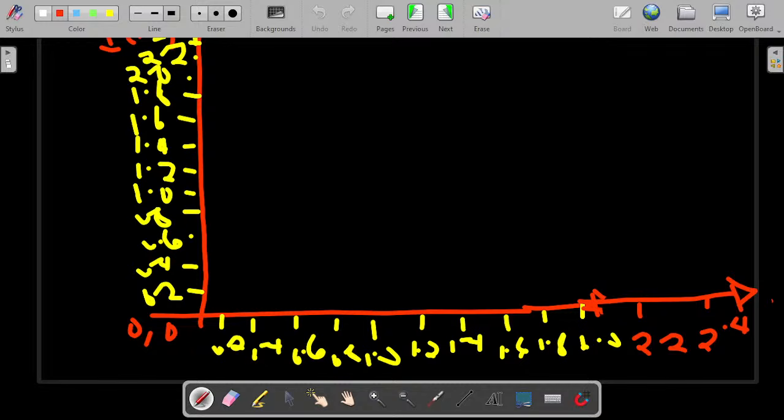So I need to asterisk this point. Then the next one is 1.2, 1.2. So I'll come to 1.2 on the horizontal. This 1.2, I will follow it till I get to the vertical, also 1.2. I will asterisk that point.